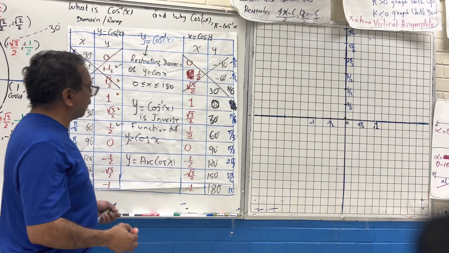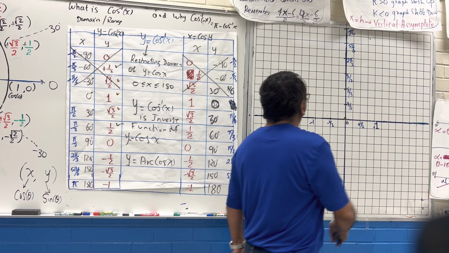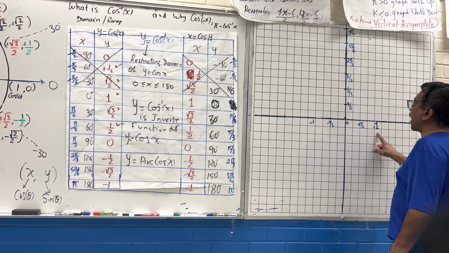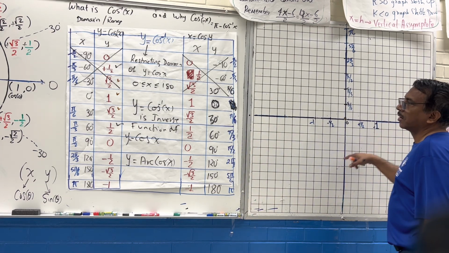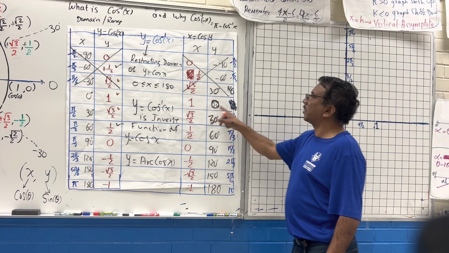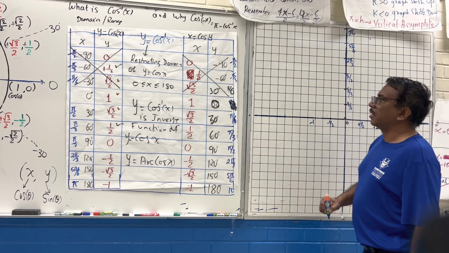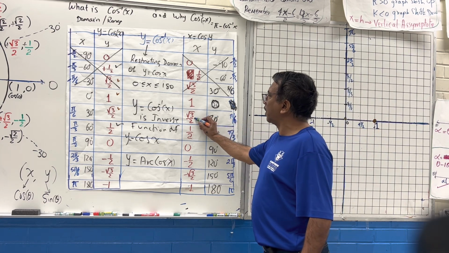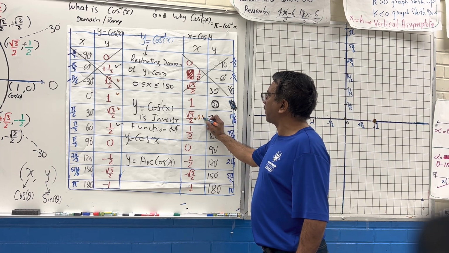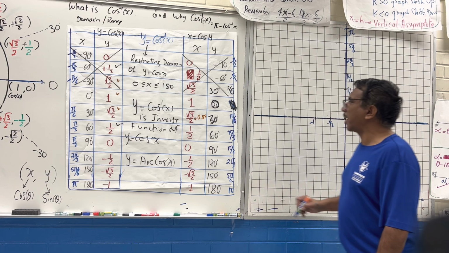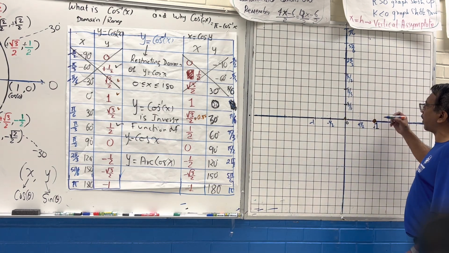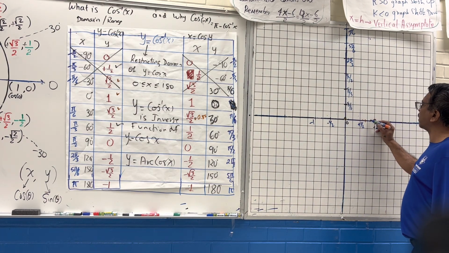I will begin from this side, the last one, that is 1. So if it is 1, the answer is 0. So that's one point, that's 0. Then √3/2 is 0.85. You can check that with the calculator. So where is 0.85? I can split this into 5 parts, so it will be somewhere here.